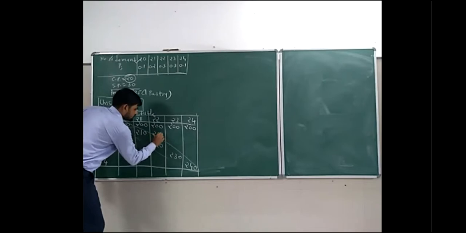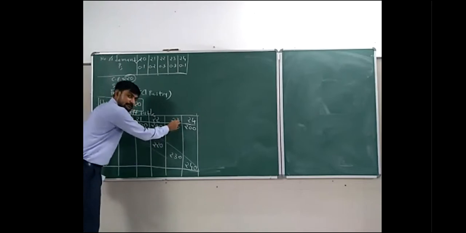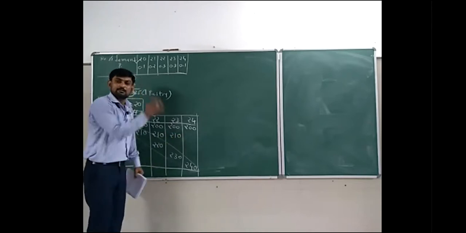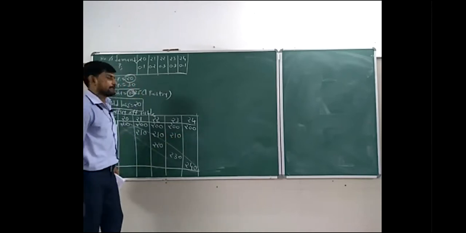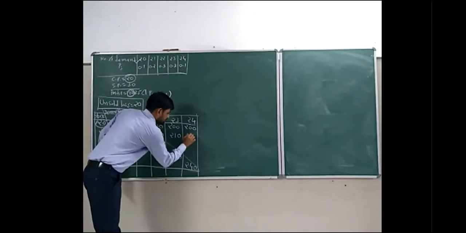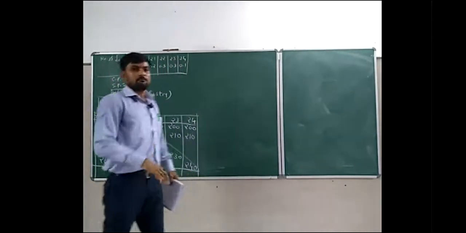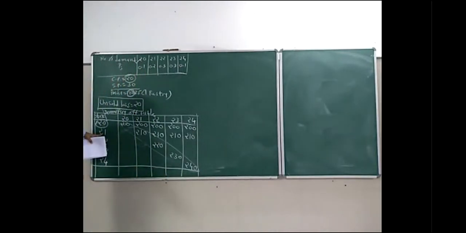So 21 into 10. Again demand is 23, but supply is 21. Again you can sell 21, 21 into 10, total profit 210. For that, again we can sell 21 only because demands are more, but we do not have that much pastry in the stock.